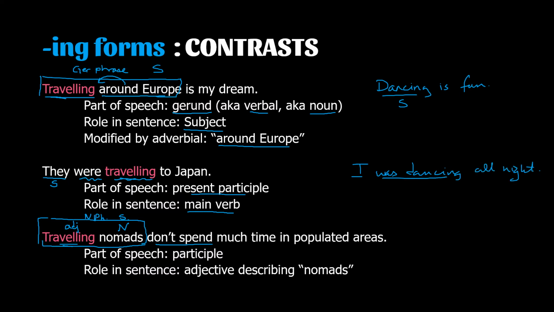It's the main verb of this sentence. Dancing shoes aren't cheap. It's describing what kind of shoes, so it's an adjectival form. See if you can make 3 sentences using the same ing form.